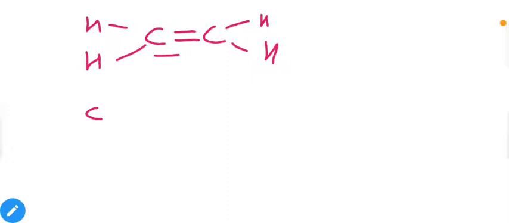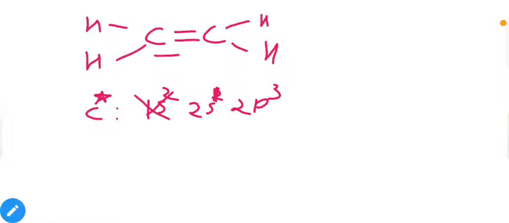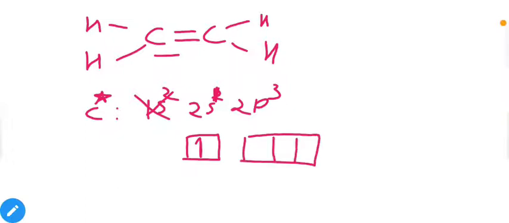First you need the electronic configuration. In the excited state, the electronic configuration of carbon will be 1s2, 2s1 and 2p3. No need to concentrate on the 1s orbital. We have one electron in the 2s orbital of carbon and 3 single electrons in the 2p orbital.